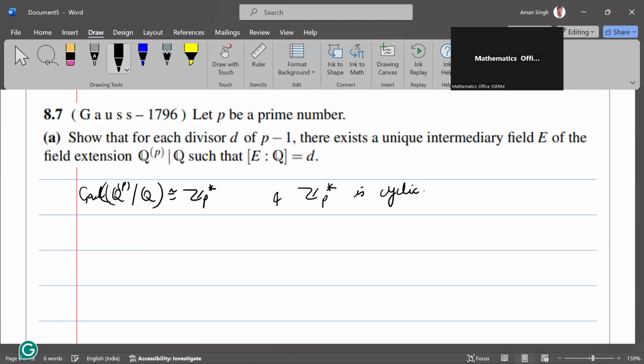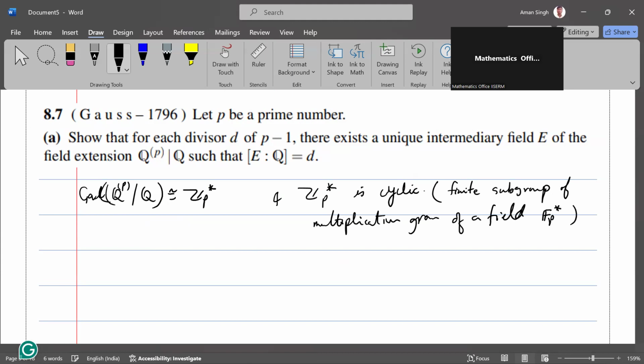Why? Because it is a finite subgroup of the multiplicative group of a field, that is F_p star. In particular, it is nothing but F_p star. So, okay, Z_p star is cyclic.